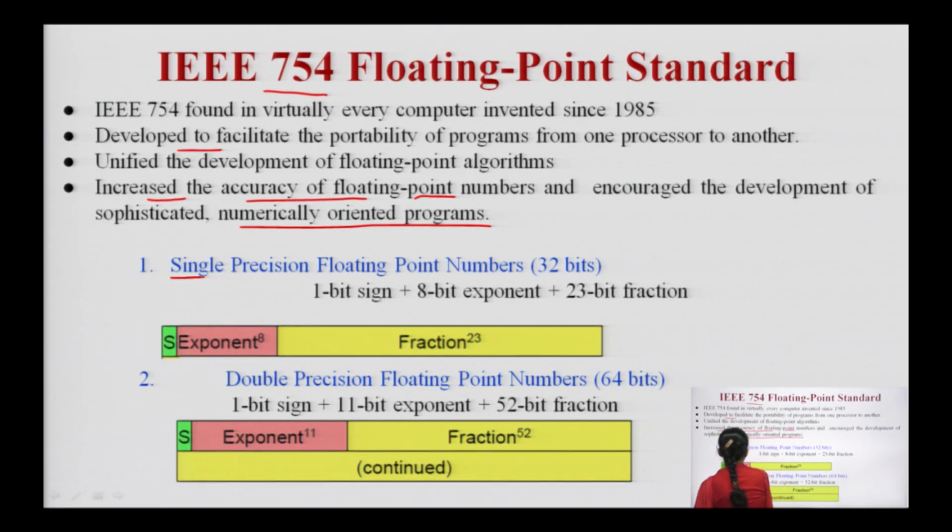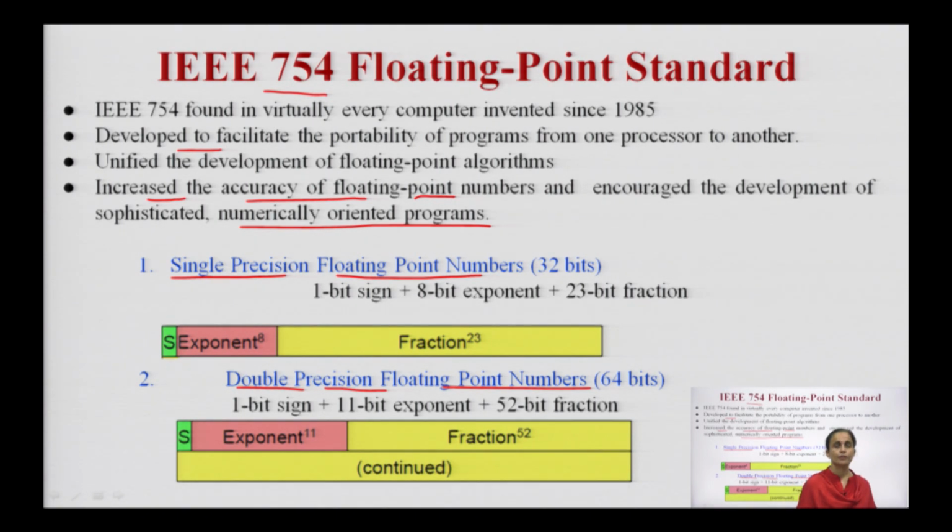These standards have two forms. One is single precision floating point numbers and the second is double precision floating point numbers. Starting with single precision, they are represented using 32 bits, in which 1 bit is for the sign bit, the exponent field is the second part of 8 bits, and the third part, the fraction, is represented by 23 bits.